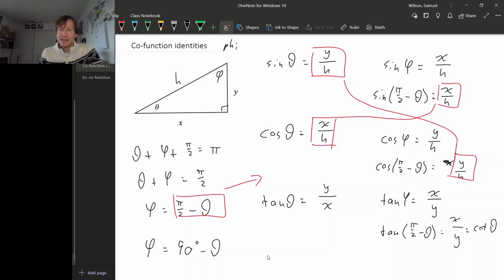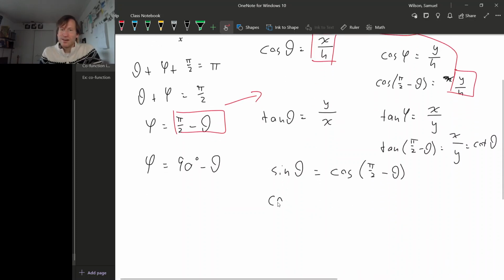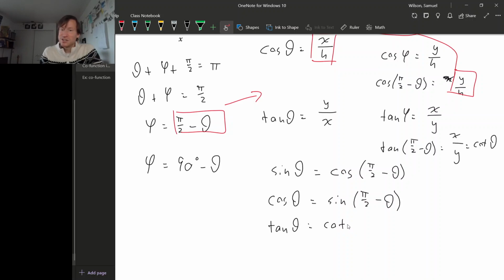We find that sine of theta is the same thing as cosine of pi over 2 minus theta. Cosine of theta is sine of pi over 2 minus theta. And tangent of theta is the same thing as cotangent of pi over 2 minus theta.